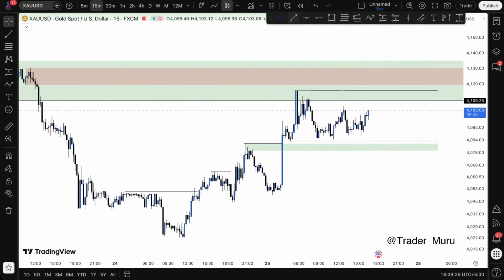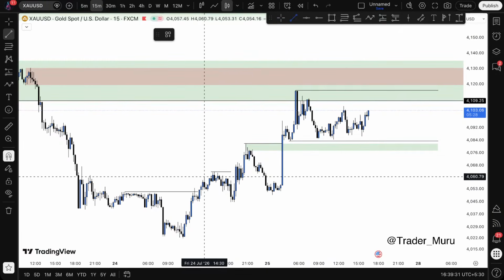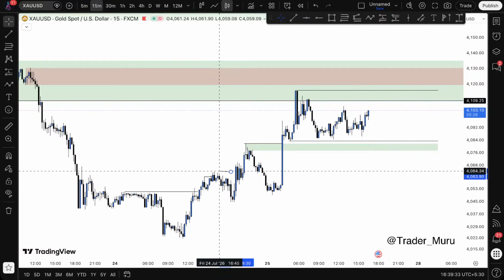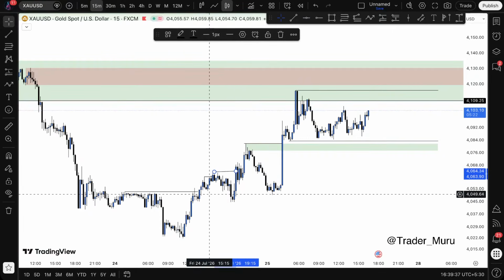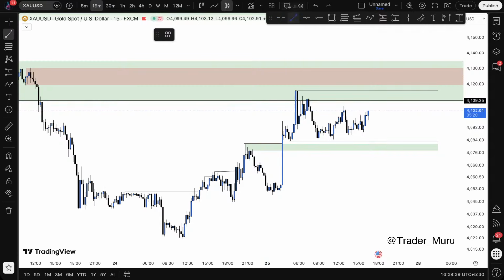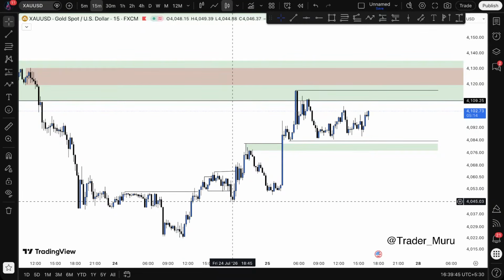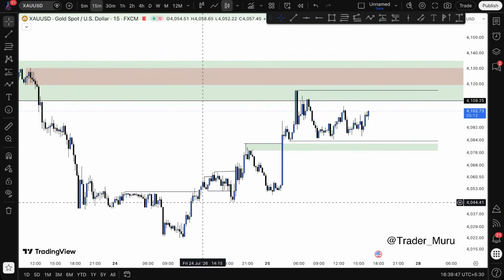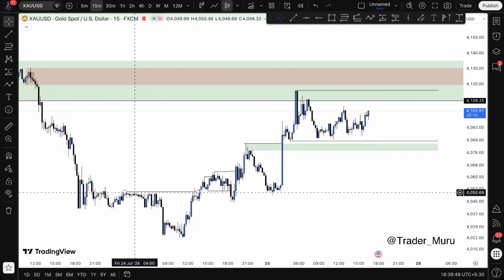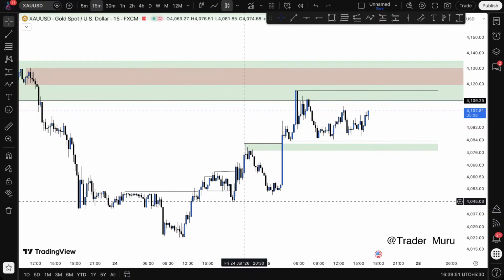Previously, if you guys know, we had the same structure here. This was a breakout structure. Price was ranging here on a structural level, created equal lows, swept it, tested the previous structural area here, and again started pumping.